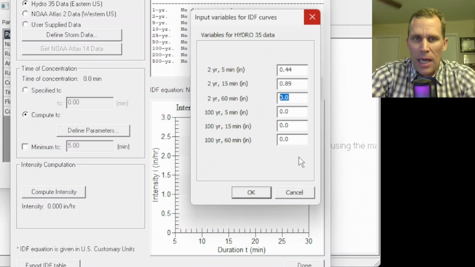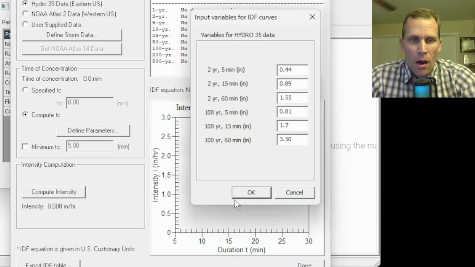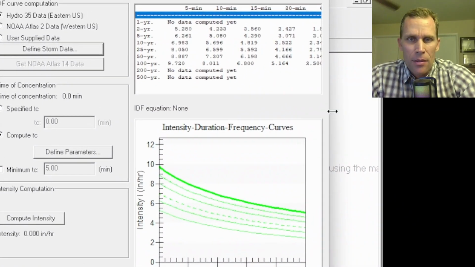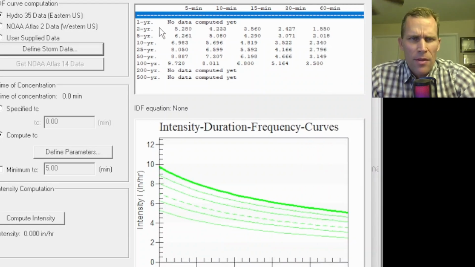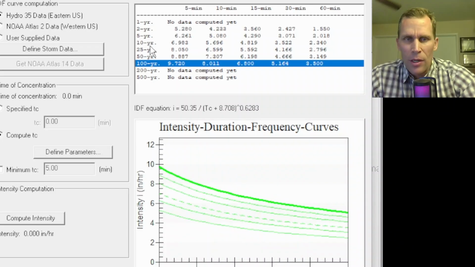I did that off camera, so I'm just going to type them in here live, 1.55. And then we have 0.81, 1.70, and 3.50 inches. All right, so when I click OK, what we have is our data right here. So let me make that a little bit wider. Everything from 2-year to the 100-year return events, recurrence intervals for those storm durations.